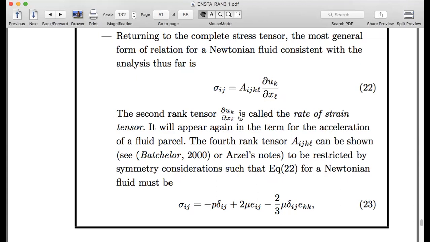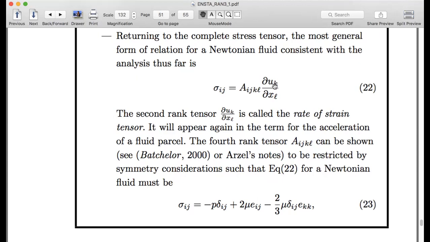Yeah, so this coefficient here is representing the viscous properties of the fluid, and I've written it as a fourth order tensor because it has 4 indices, and the velocity gradients become a second rank tensor because we can have 3 velocity components.